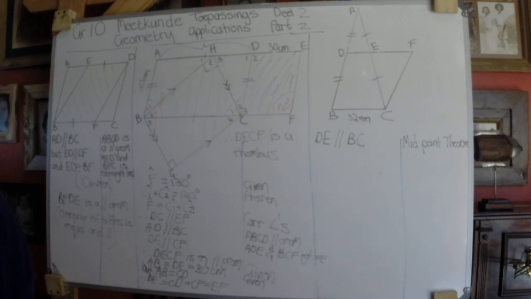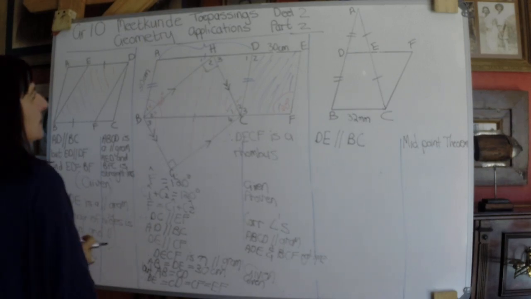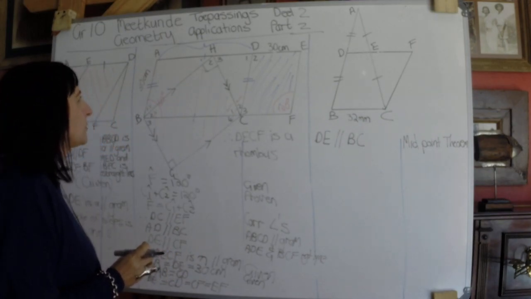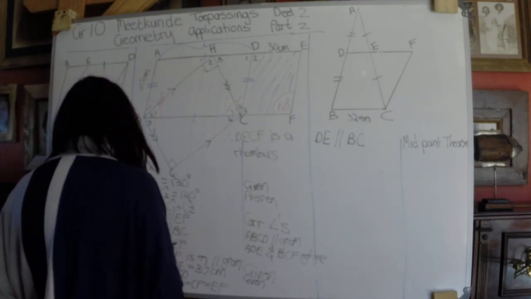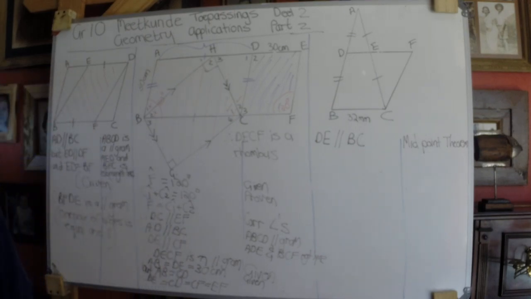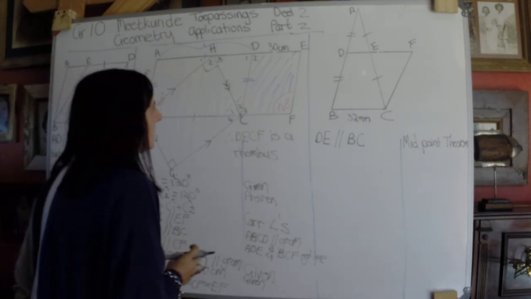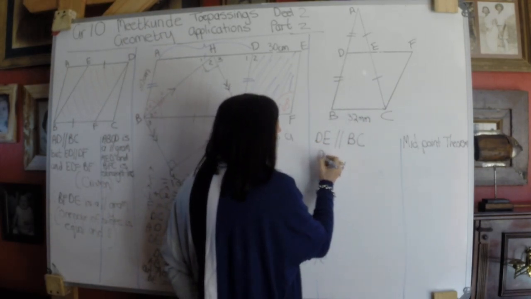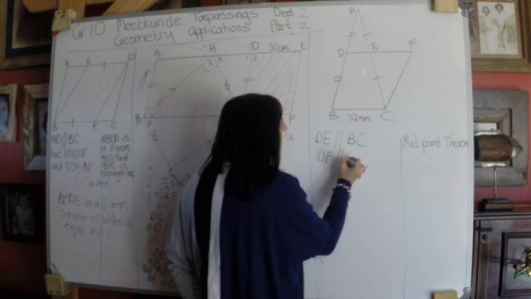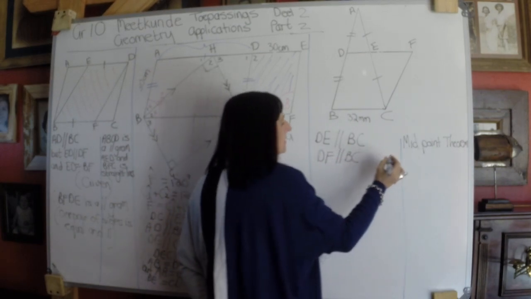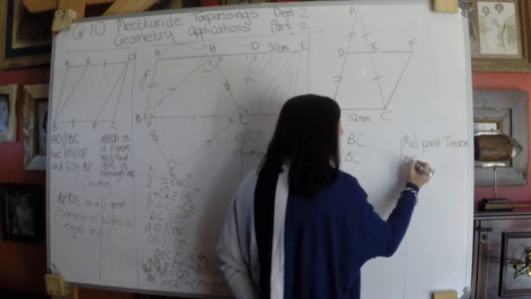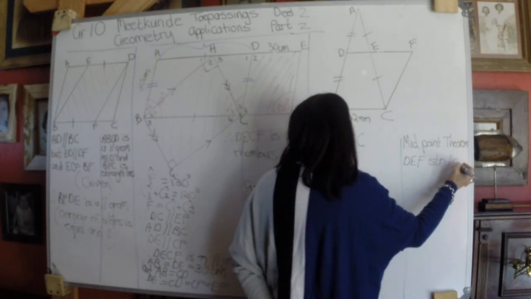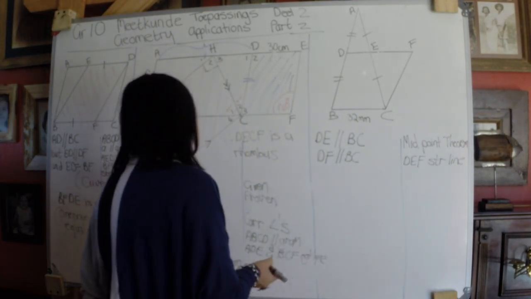And then another thing that's been given, AD equals DE, okay, that's all been given, so therefore DE is parallel to BC. But DF is also parallel to BC, and the reason is because DEF is a straight line. That's a straight line. Okay.